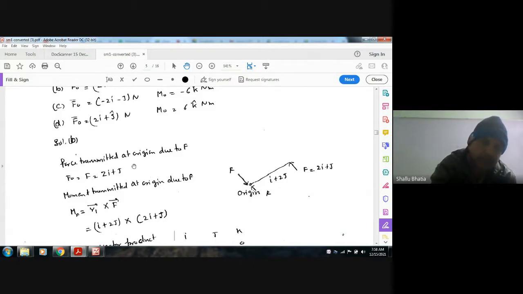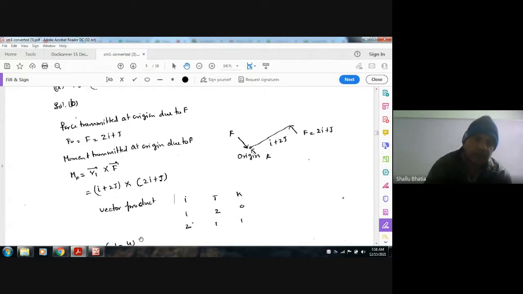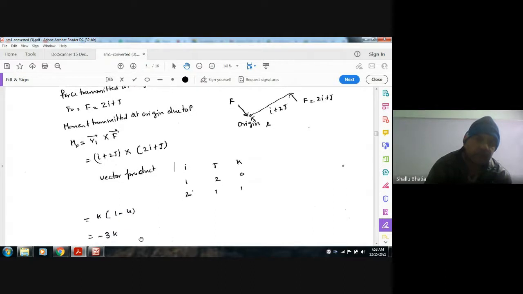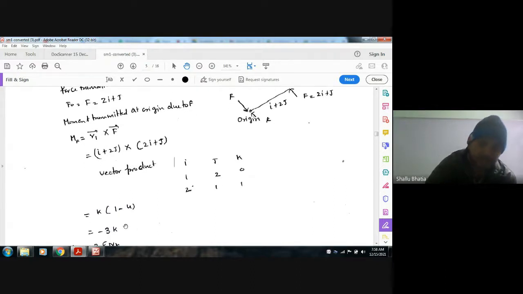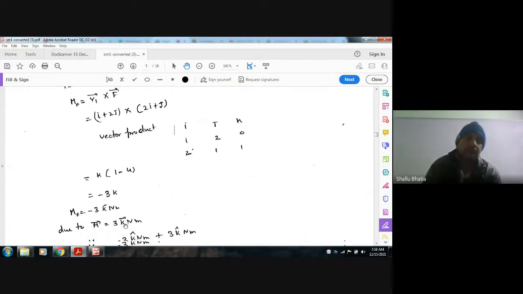So at the origin, the force transmitted will be in the same direction as that of F. So F is 2i plus j. Now the moment transferred will be given by R1 cross F. R1 is i plus 2j and F is 2i plus j. So by the vector product we get the moment transmitted due to F is minus 3k.